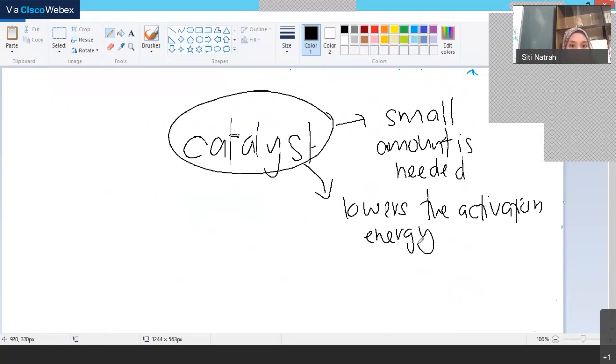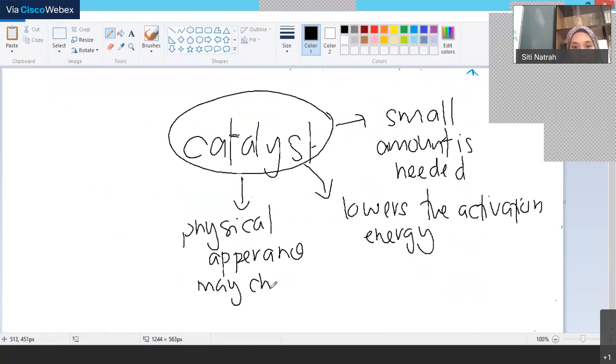Okay. Dari segi physical appearance dia, kita cakap physical appearance so that we can say may change at the end of the reaction.